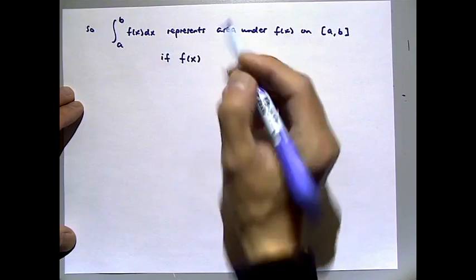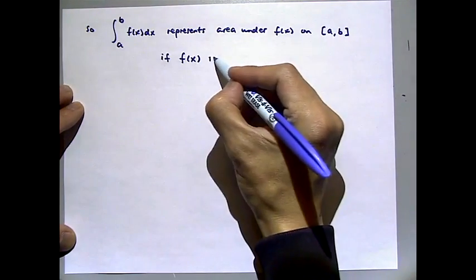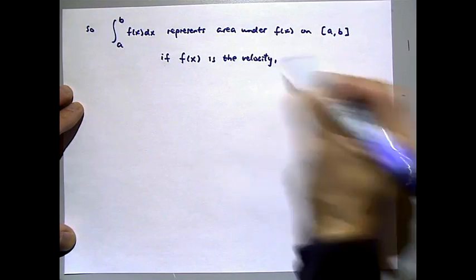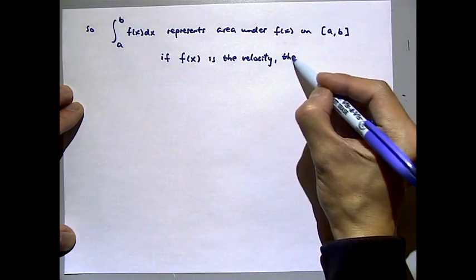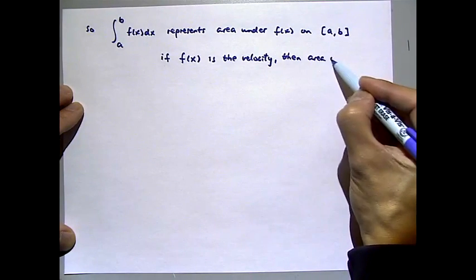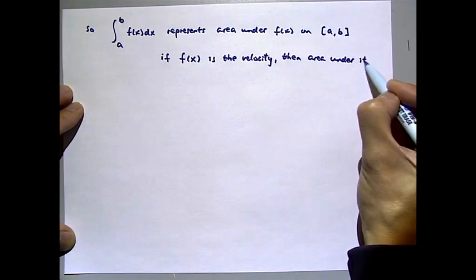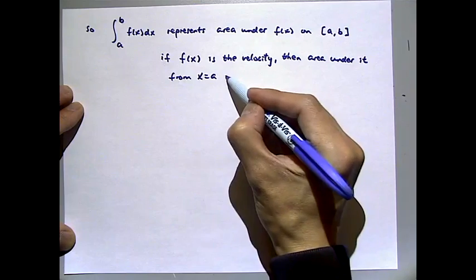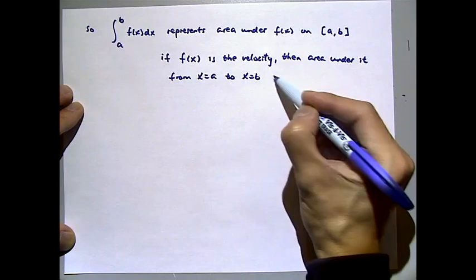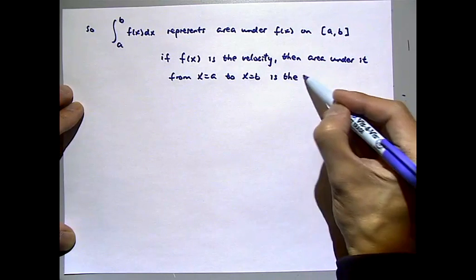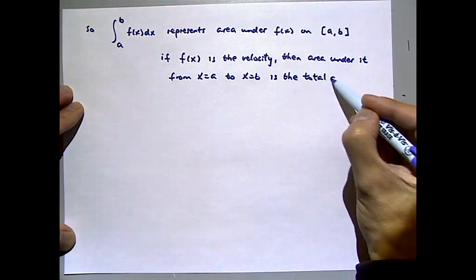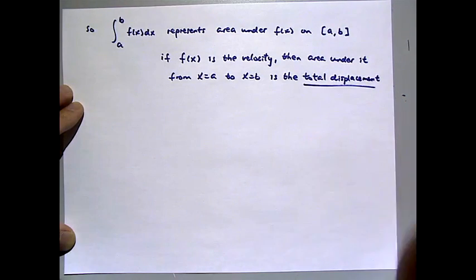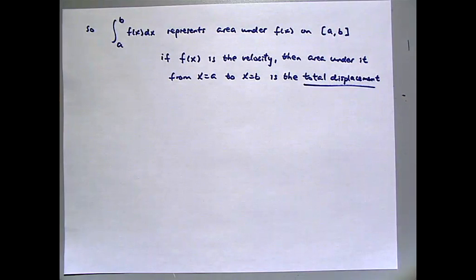They can represent a bunch of other things. If f of x is the velocity, then the area under it from x is equal to a to x is equal to b is the total displacement from a to b.